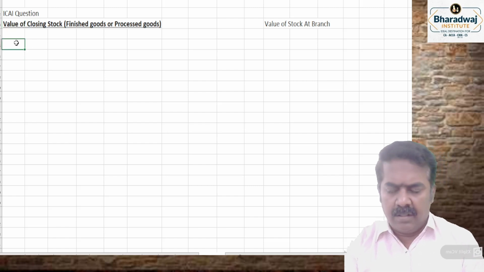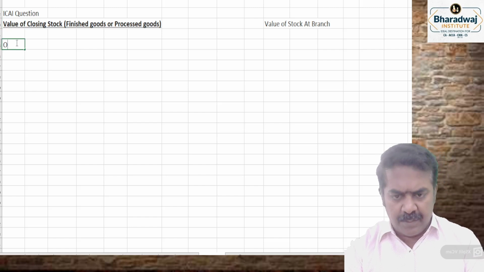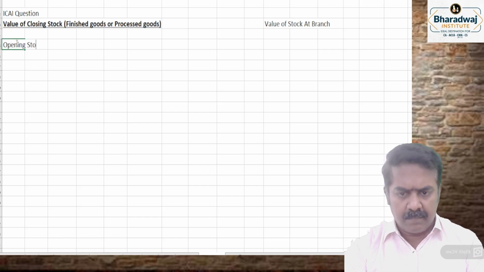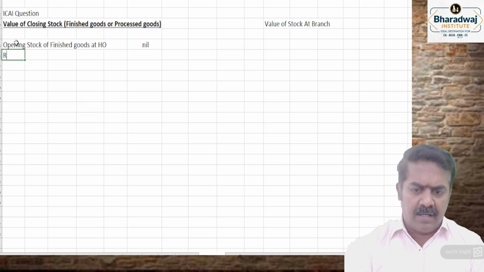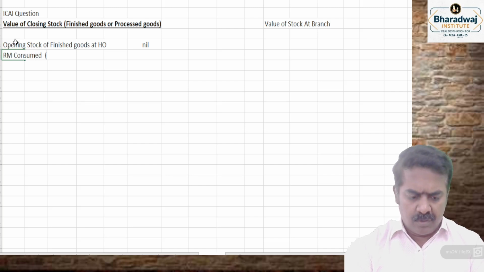Okay. Any opening stock of finished goods given? No, not given. Then how to find out raw material consumed in the production? Opening stock plus purchases minus closing stock of raw material.